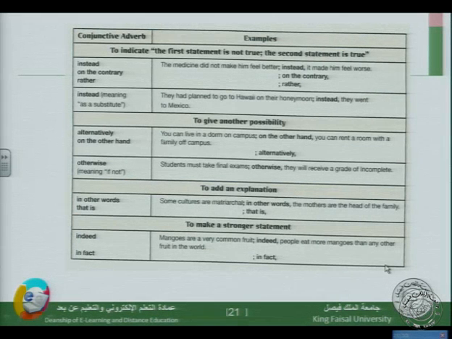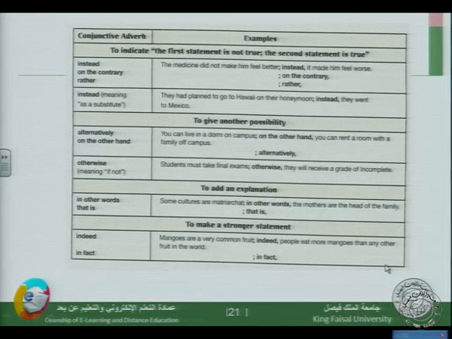Here also we have other conjunctive adverbs used to indicate that the first statement is not true, and the second statement is true. يعني the medicine did not make him feel better; instead, it made him feel worse. Or on the contrary, or rather. And then we have alternatively, on the other hand, also used to give another possibility.